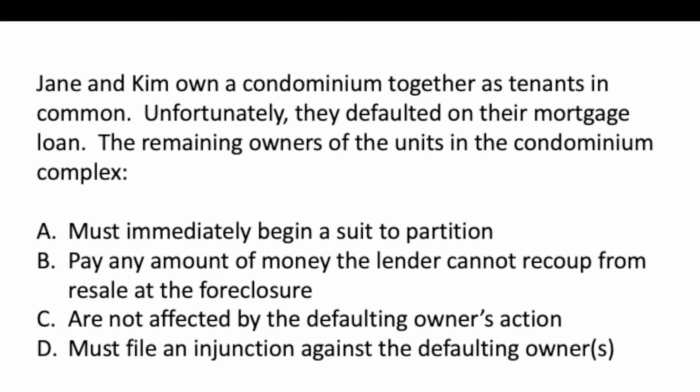Jane and Kim own a condominium together as tenants in common. Unfortunately, they defaulted on their mortgage loan. The remaining owners of the units in the condominium, well, you know what? We really don't care. And by the way, you want to read these questions 3 times, but nobody's affected by their actions because remember, in a condominium, you own those common areas as tenants in common, but you can take a mortgage out on your condominium.